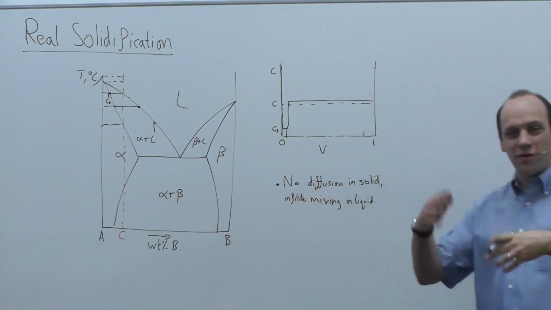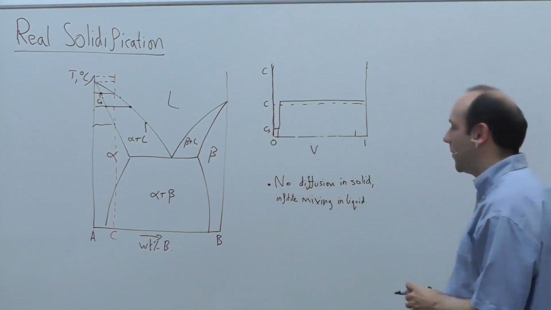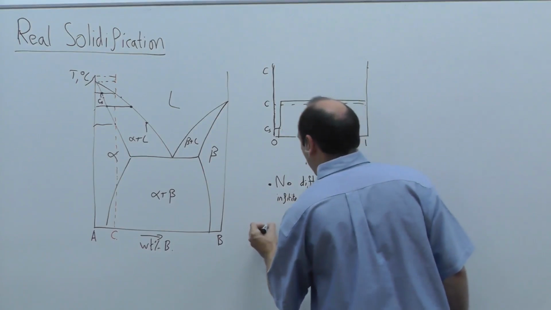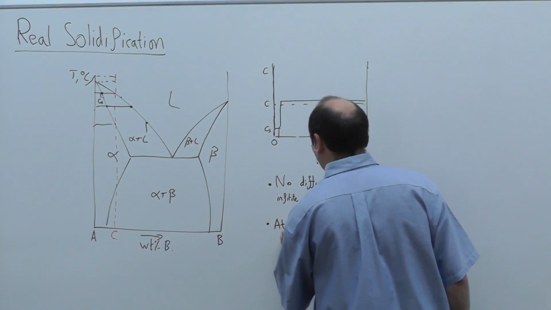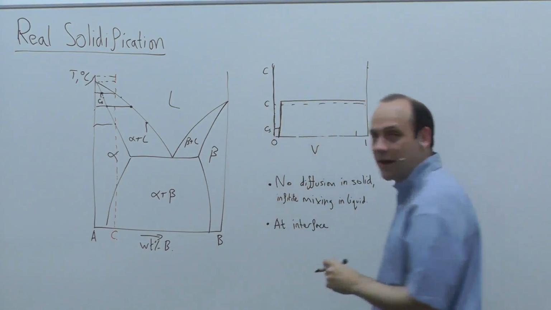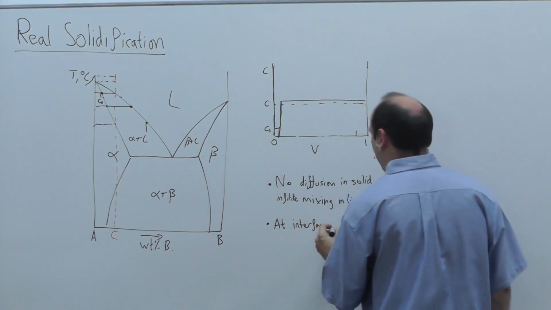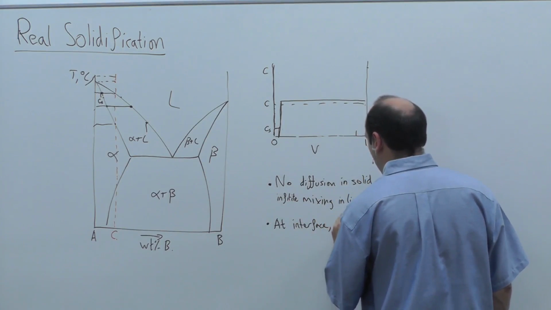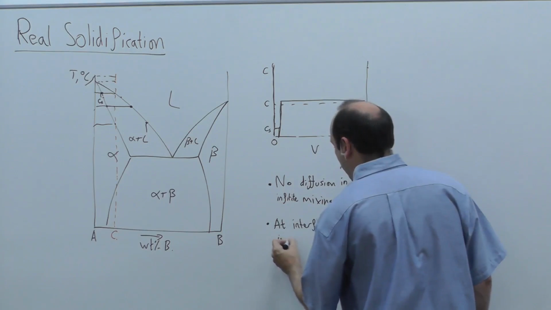Whether that's diffusion or convection or whatever it is, it's moving around so that it can form an infinite mixing. And further, we'll assume that at the interface, just at this point here between the liquid and solid, equilibrium is observed.